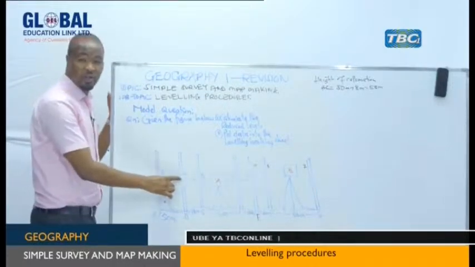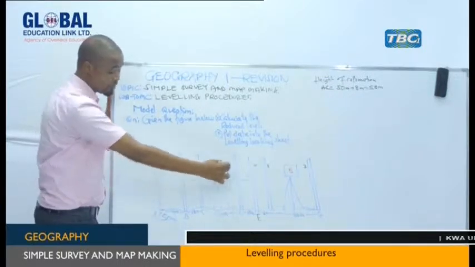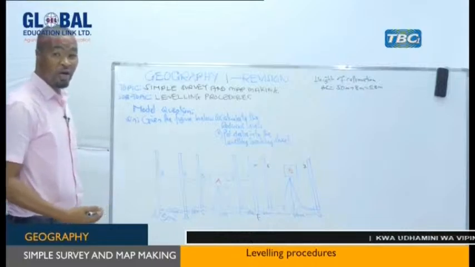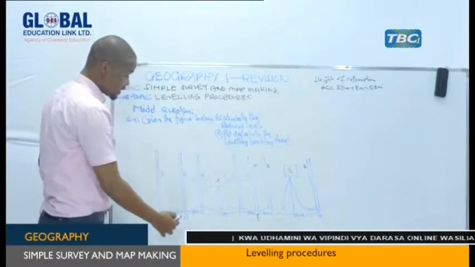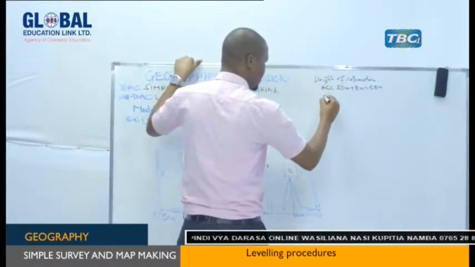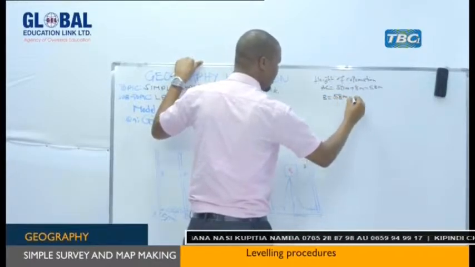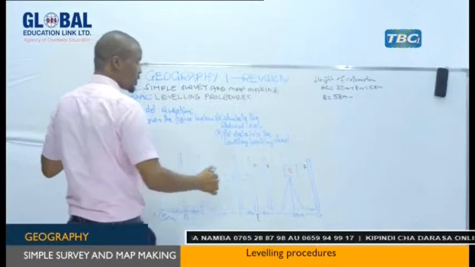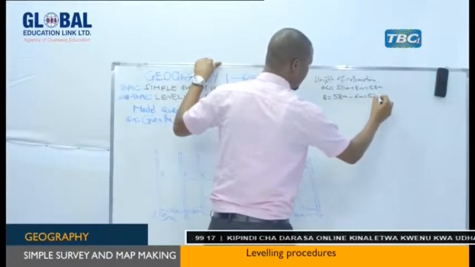So we have to subtract, I mean to deduct, the staff reading of each point to get the reduced level at each station. So to get the reduced level at point B, we take the height of collimation 58 meter minus the staff reading at point B, which is 6 meter. So we get 52 meter.